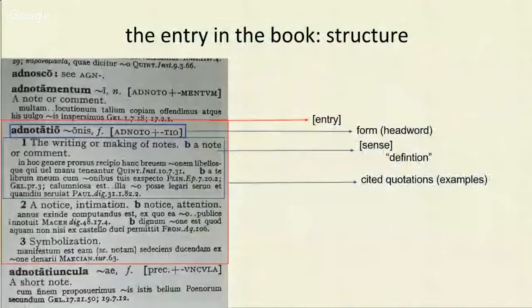Now, let me give you some information about the structure of this entry, and at the same time introduce some of the terminology that we use in the TEI module dictionaries. The overall entity is an entry, and it is the big red rectangle.